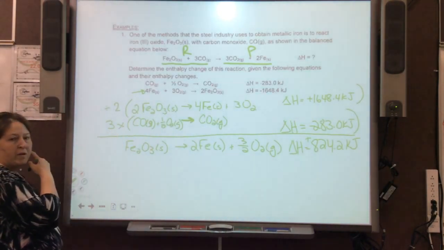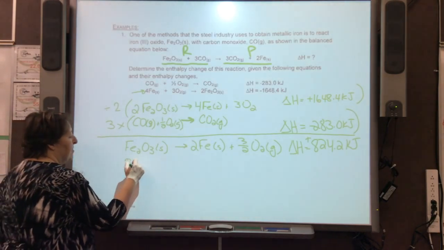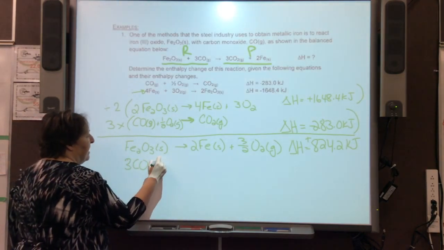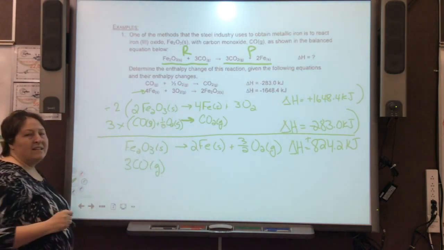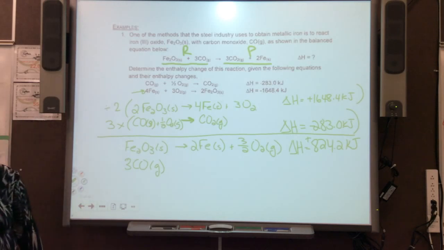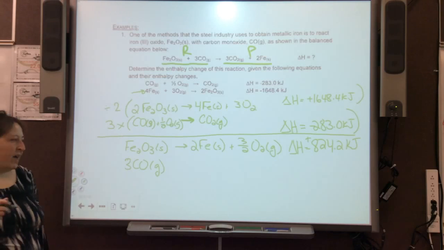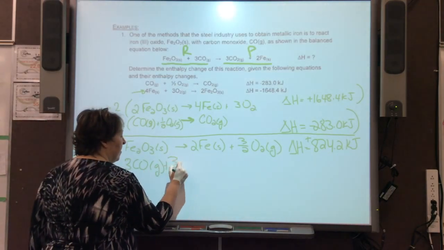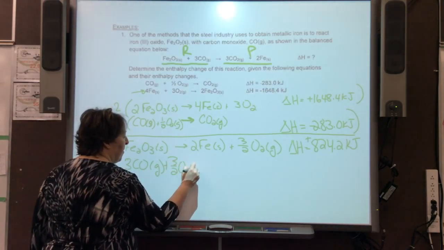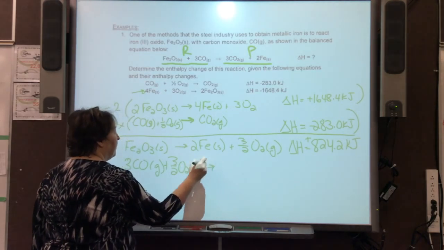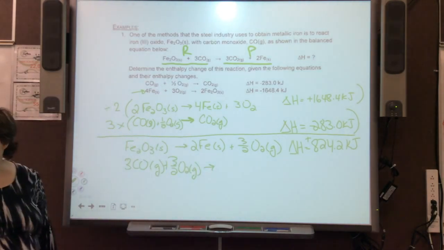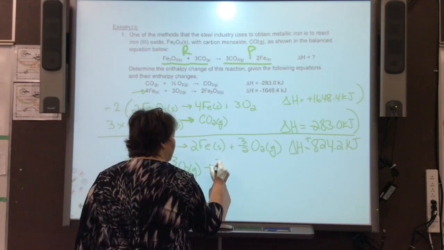3 times carbon monoxide is going to give us 3 carbon monoxides as gas. 3 times a half of an oxygen is 3 halves. And 3 times carbon dioxide is going to be 3 carbon dioxides.